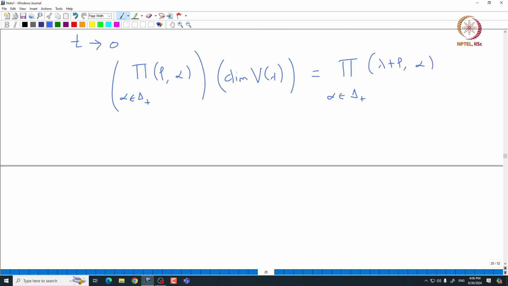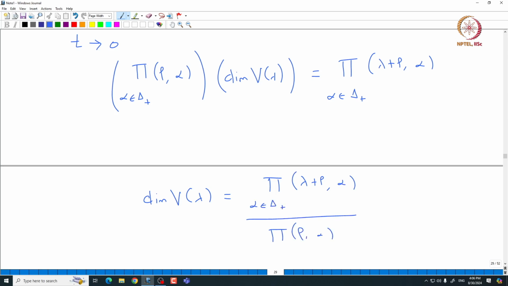So, this proves that the dimension of V_λ is exactly equal to the product of ⟨λ+ρ, α⟩, α in Δ⁺, divided by the product of ⟨ρ, α⟩, α in Δ⁺. In one go, this is the product of ⟨λ+ρ, α⟩ divided by ⟨ρ, α⟩, α in Δ⁺.